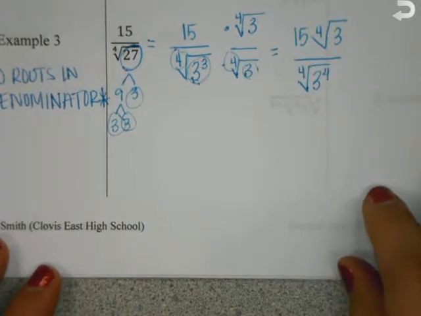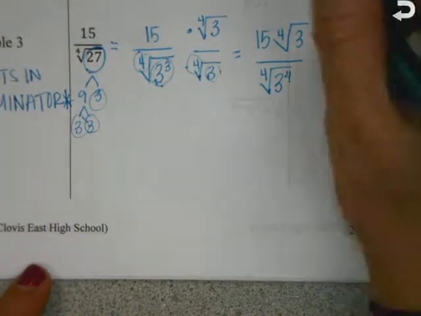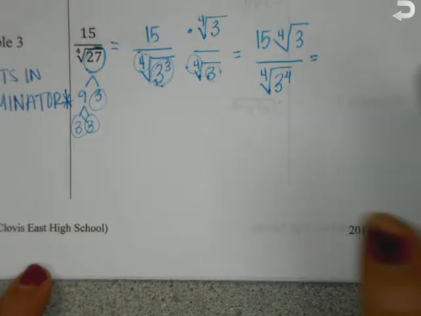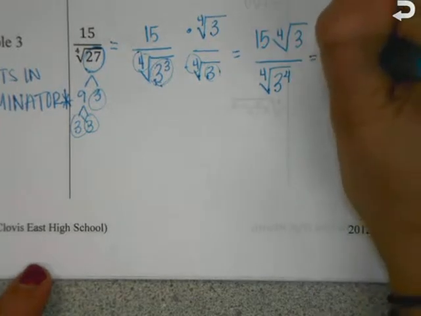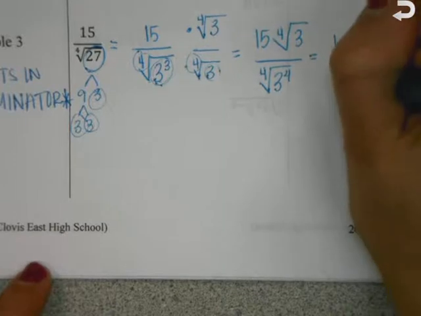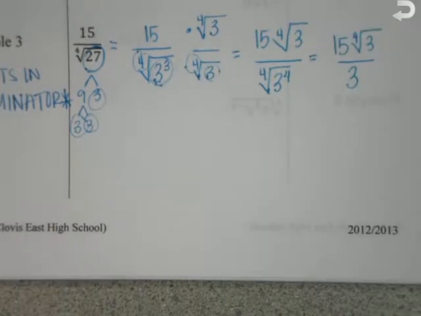And now what do you guys see that I can do? Pull it out. So this is the same as 15 fourth root 3 all over 3, because that index and the exponent cancel.